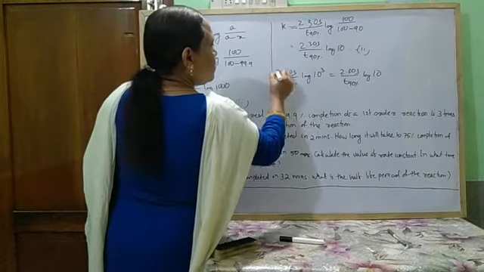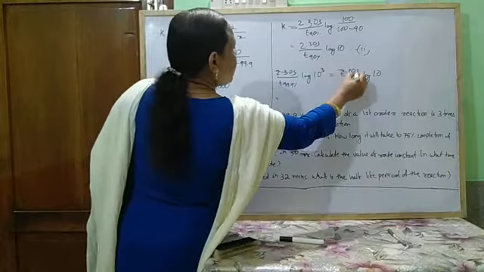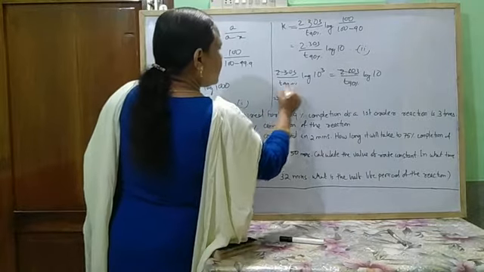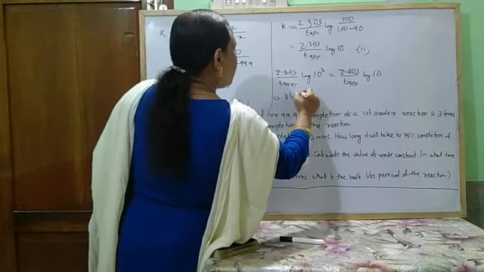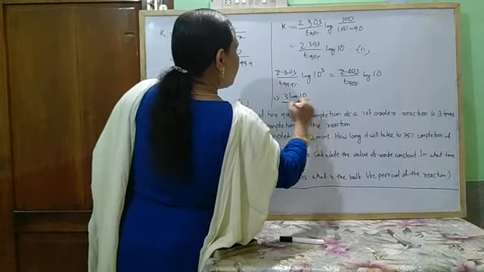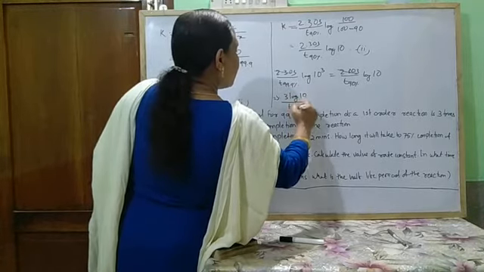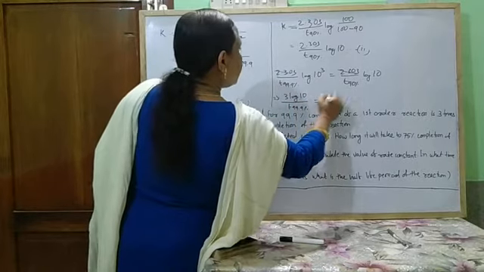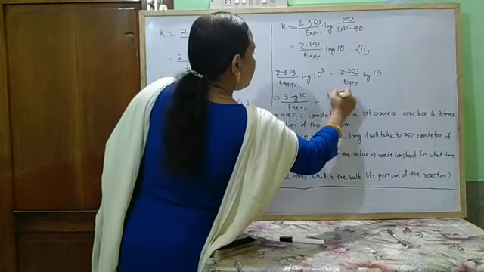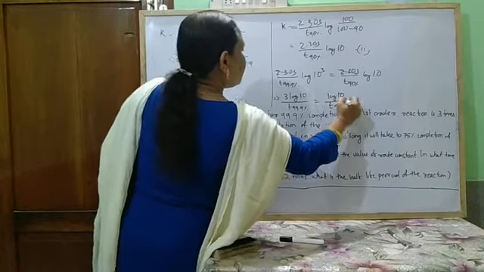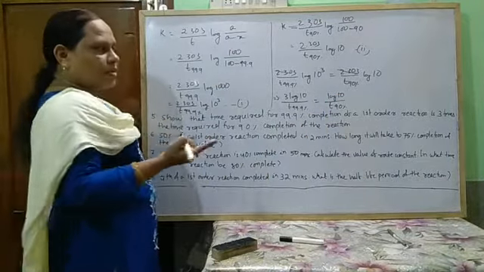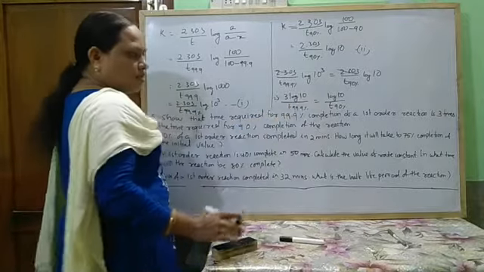The 2.303 cancels. So 3 log 10 by T(99.9%) equals log 10 by T(90%). The log 10 value is equal to 1.